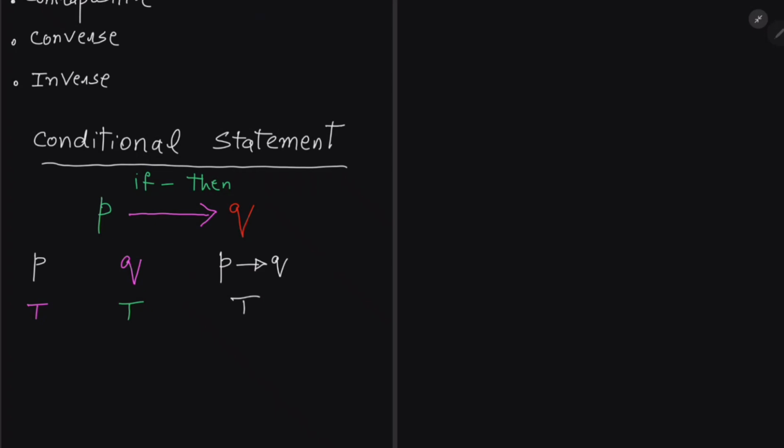Now suppose you fulfill the condition but the conclusion is not correct, for example, you did hard work but still you are not successful, then what will happen? The P implies Q will be wrong since the conclusion was not fulfilled.